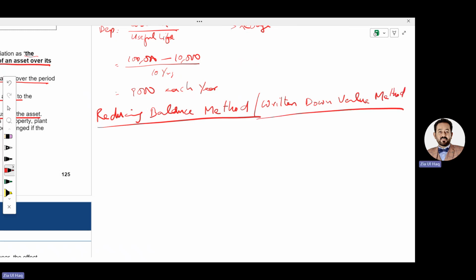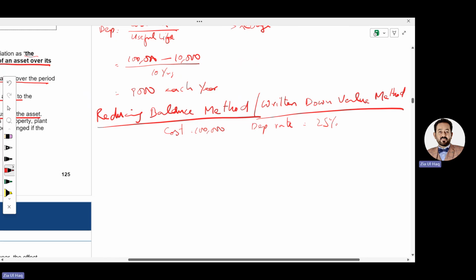In this method, we charge a percentage to the cost. Suppose asset cost is 100,000 and the depreciation rate is 25%.